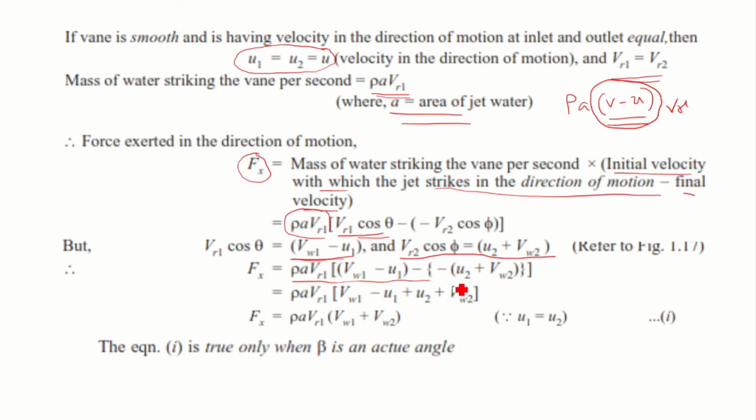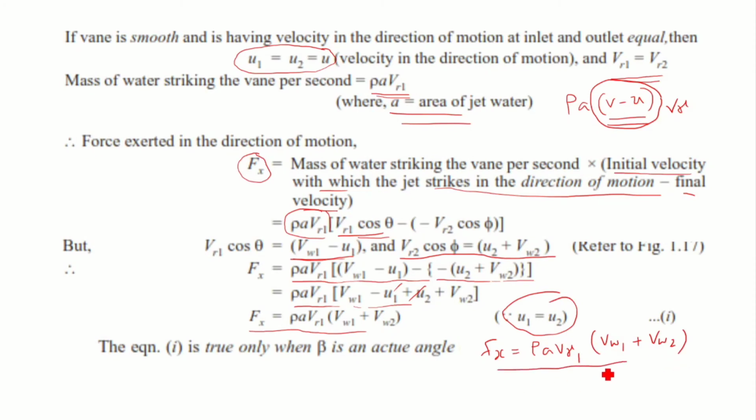We know that U1 is equal to U2, so these two terms cancel out, and the force exerted by the jet will be rho A VR1 into VW1 plus VW2. So F of x is equal to rho A VR1 into VW1 plus VW2.